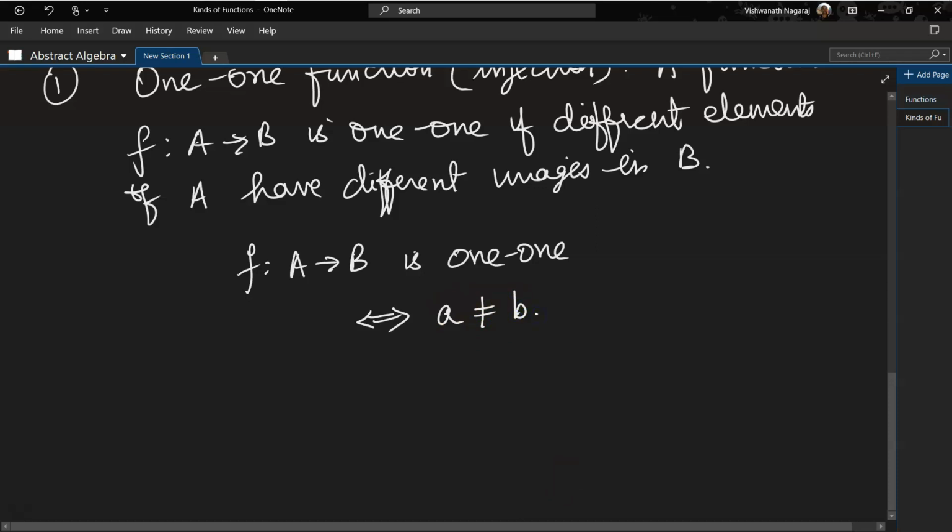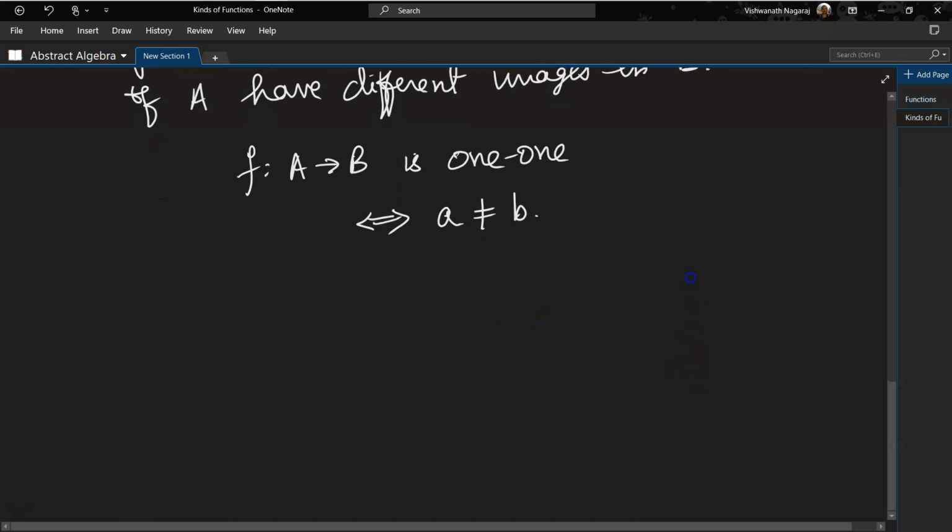That means there is a one-to-one correspondence between an element of A to an element of B.